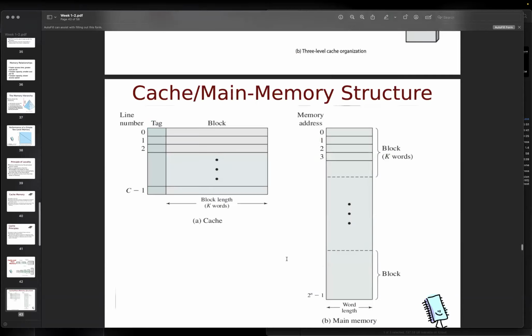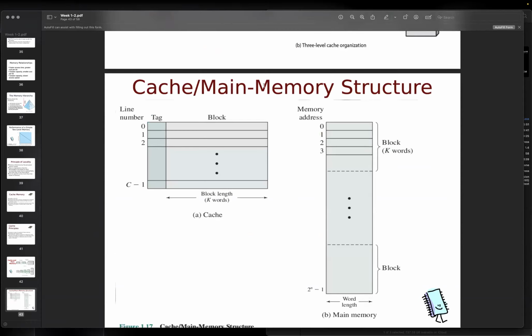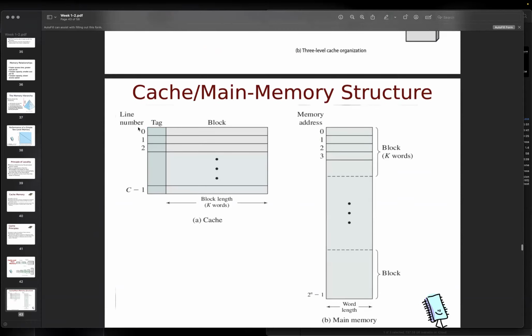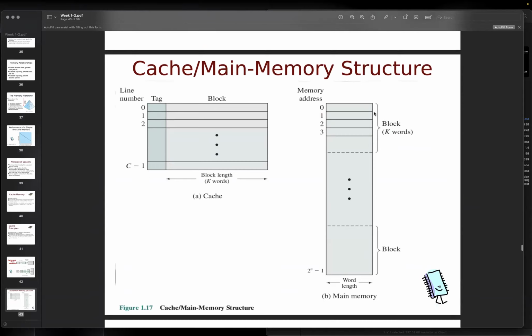When we look at the cache and main memory structure, we have the line number, we have the tag, and then comes the block, because we're loading those blocks to the cache. So we have K words. When we load the word to the CPU, like an instruction, here's the cache. And in main memory, we have a certain block that contains K words.